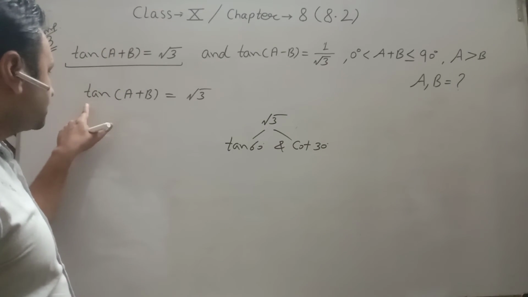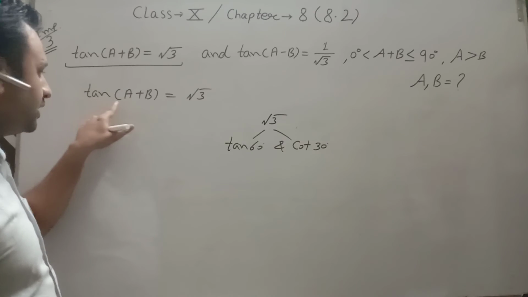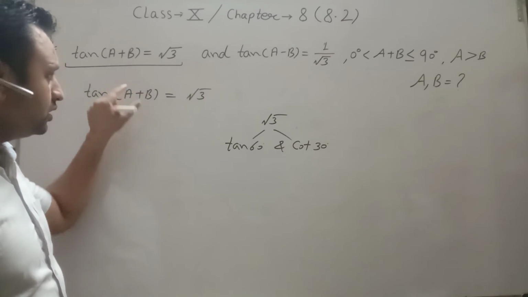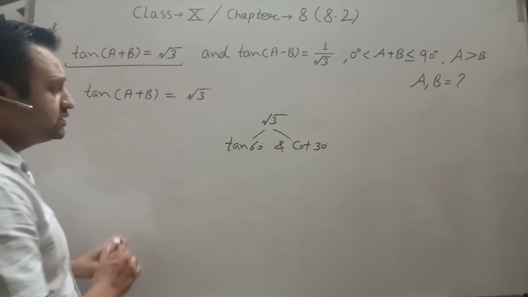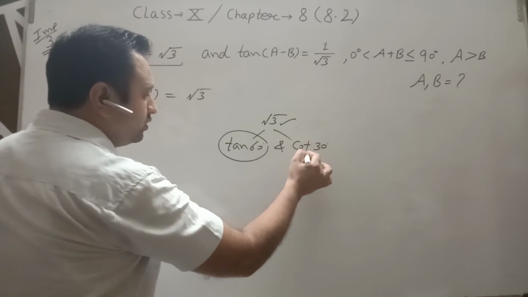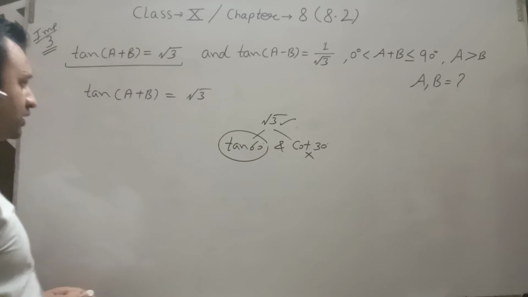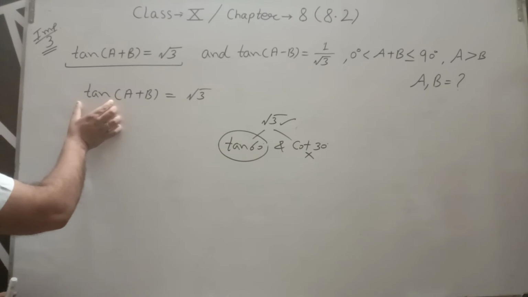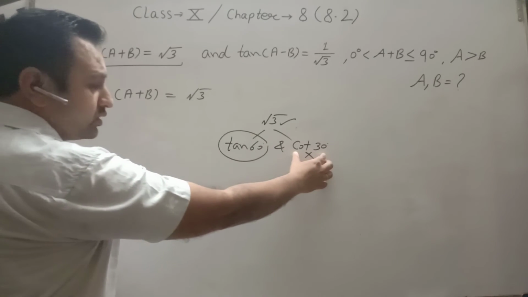But in this question the LHS has tan (a plus b), so we use tan 60 degree equal to under root 3. Note this. If cot is given in the question, then we use cot 30 degree.